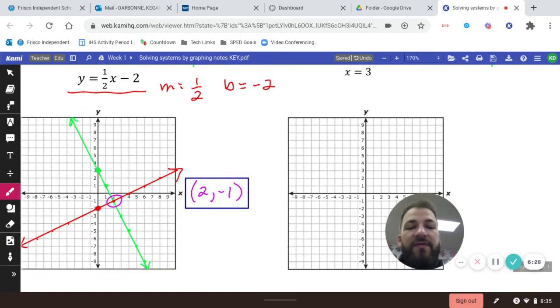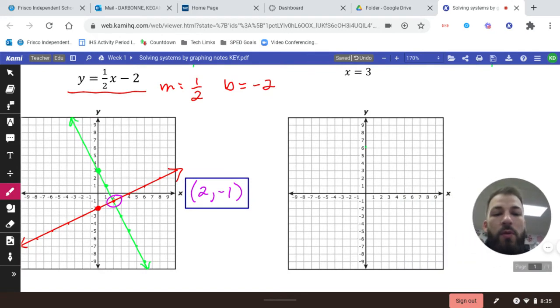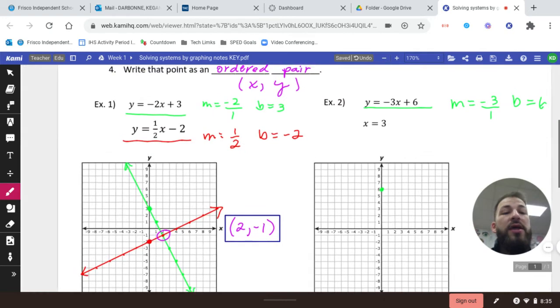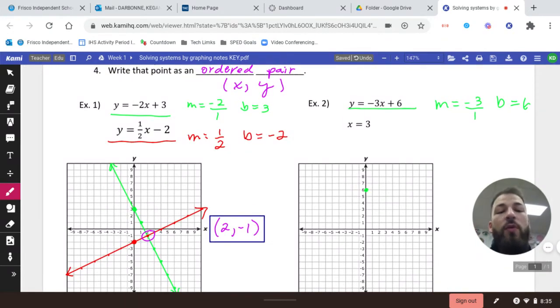So on our graph, the y-intercept is 6, so I'm going to put a point there. And then my slope is -3 over 1, so I'm going to go down by 3 and to the right by 1. Down 3, to the right by 1. Remember, we always go to the right. The negative is just going to tell us if we go up or down with our rise.